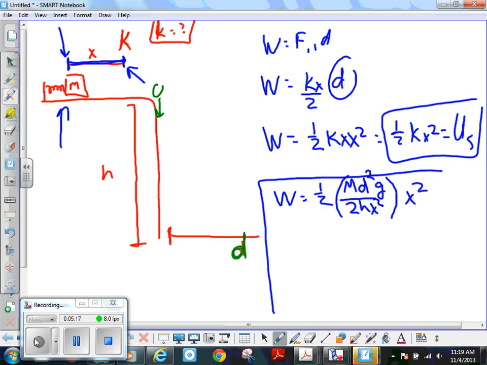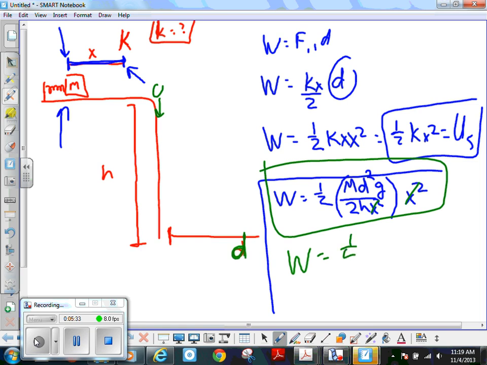So that would be the non-simplified version of work, which would get you your 5 on your AP test. But you could just cancel this out if you wanted to. Work then is 1/4 m d squared g over h. You can put it like that too.